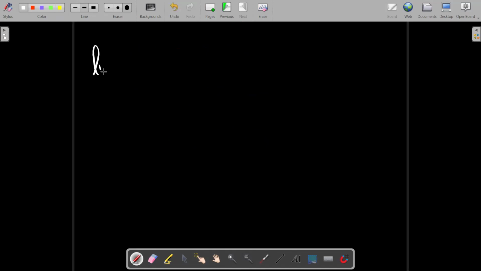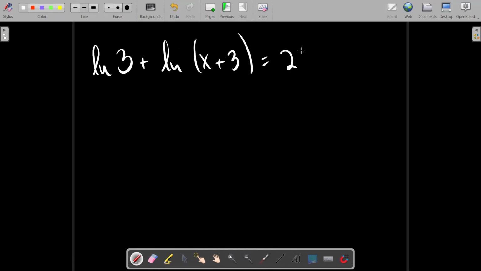Natural log of 3 plus the natural log of x plus 3 equals 2. Condense by multiplication because of the plus sign. Remember that a plus in between your two logs says multiply my arguments together. So we get a natural log of what?